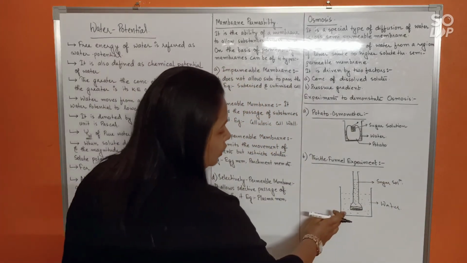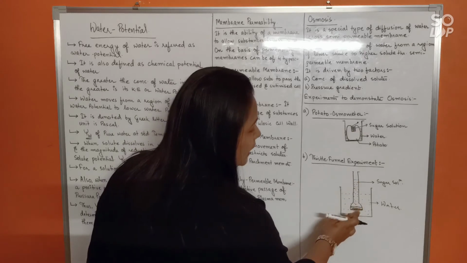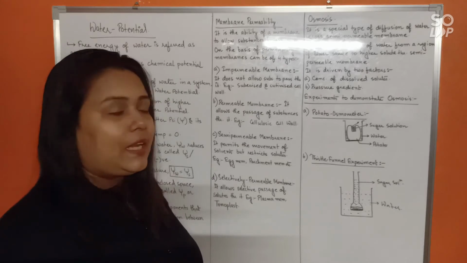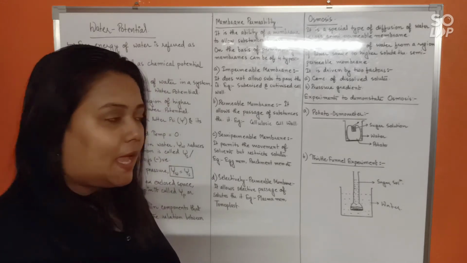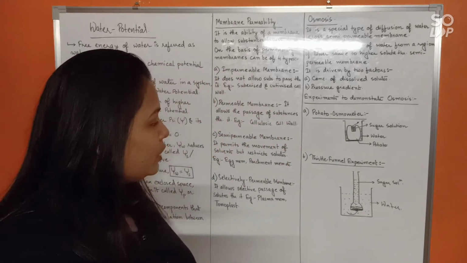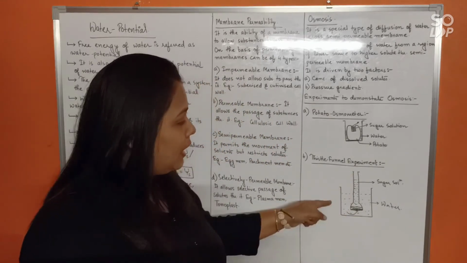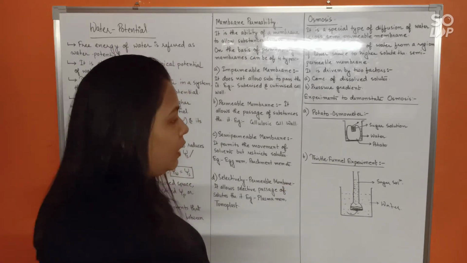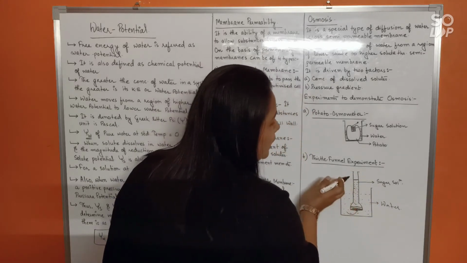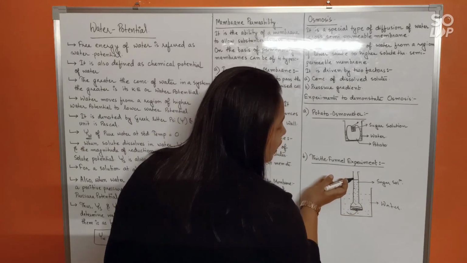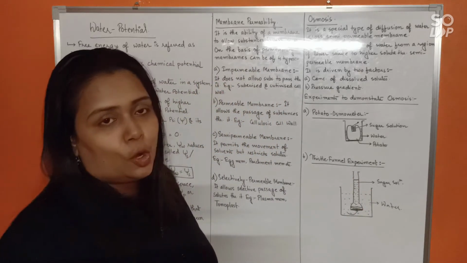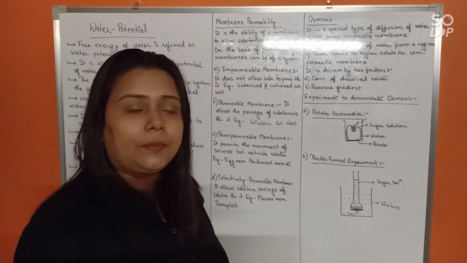So we have water outside, sugar solution inside, and in between there is a semi-permeable membrane. Of course, it is a perfect apparatus for osmosis to occur, and osmosis will be occurring in this direction, right? So water from the beaker would start entering inside the funnel. So if you have already marked the level of sugar solution beforehand, you will see that the water inside the funnel will start to rise. And as it starts to rise, you can be sure that osmosis is taking place, right?